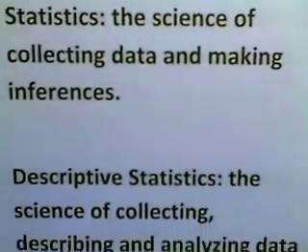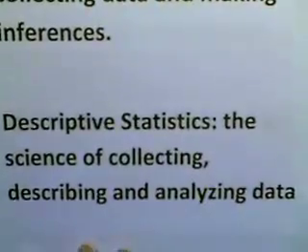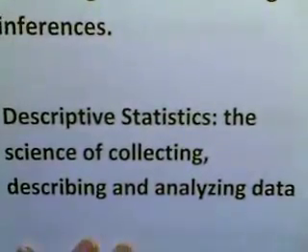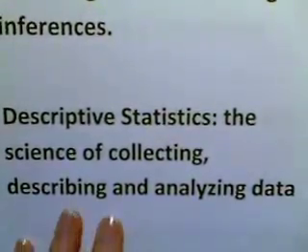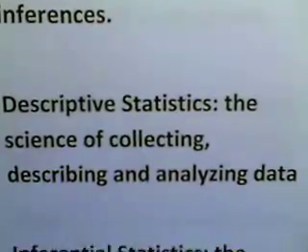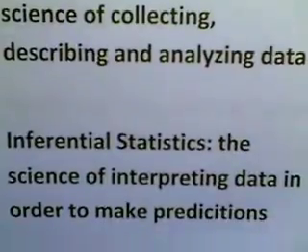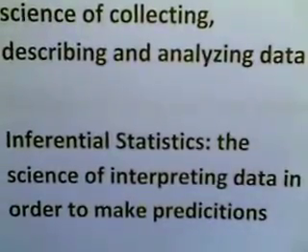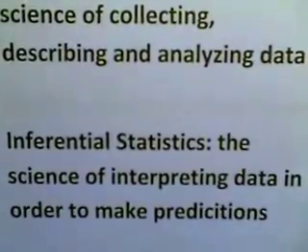Descriptive statistics, which is what we're going to do, is the science of collecting, describing, and analyzing. And then inferential statistics, which we will look at later, is the science of interpreting data in order to make predictions.